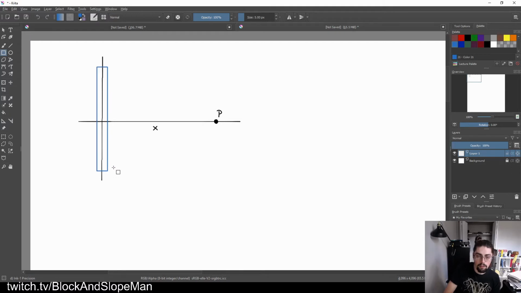Something like this. Let's go ahead and fill this in as if it's actually a solid rod. We'll make this look nice and clean. There's our charged rod.